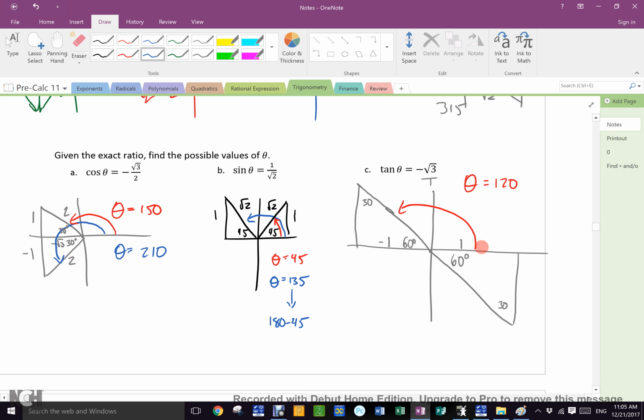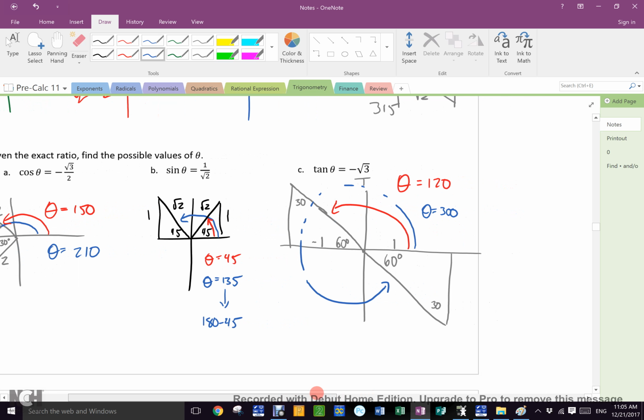What then is blue theta? 300. Why is red theta 120? 180 minus 60. Why is blue theta 300? 360 minus 60. Is everybody good?